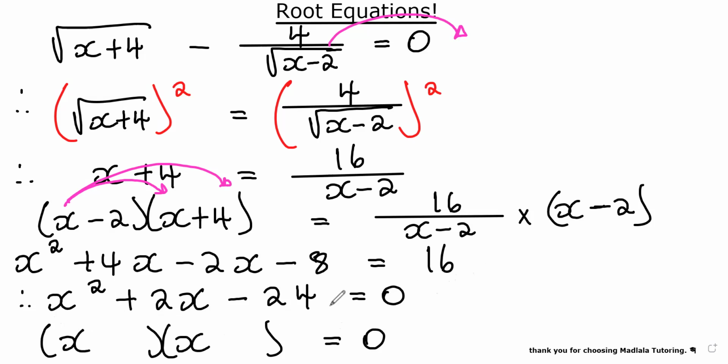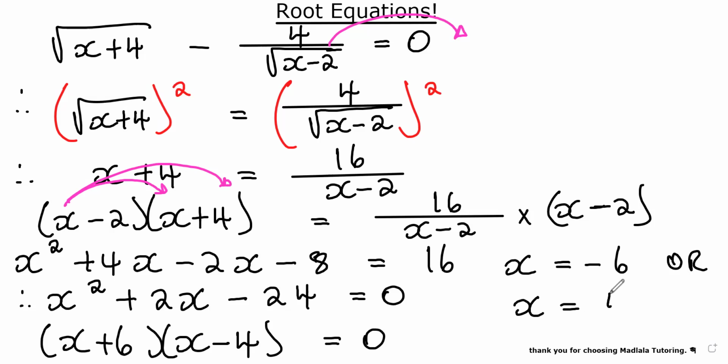What are factors of 24 that add up to 2? Well, 12 times 2, they are not enough. 6 by 4, yes. Those are the 2 factors that we need. The bigger number takes the sign of the middle term, and this is what we have. So this means x equals negative 6 or x equals positive 4.